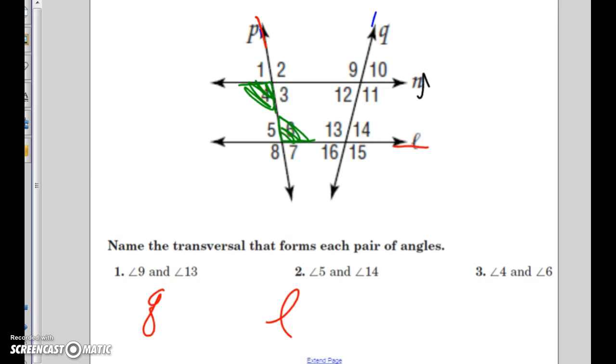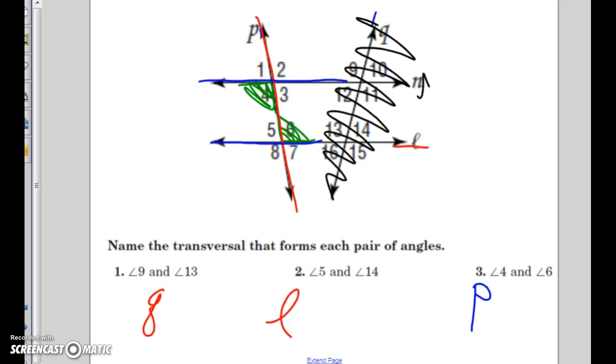P. It's the one line that touches both of those green angles, right? So which ones would be my blue lines? N and L. So my transversal is P. And that means that all this stuff over here, I don't care about. Do you see how I'm narrowing down the problems where I'm not looking at everything?